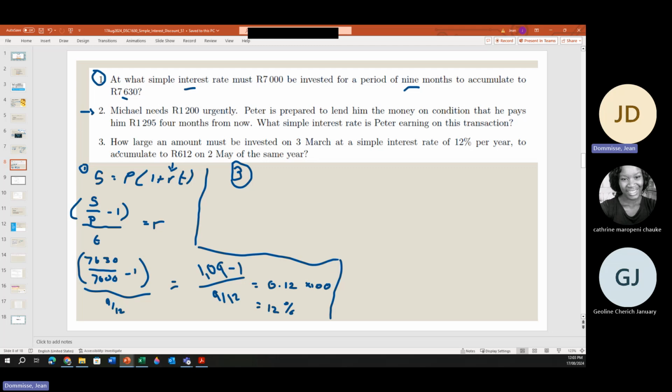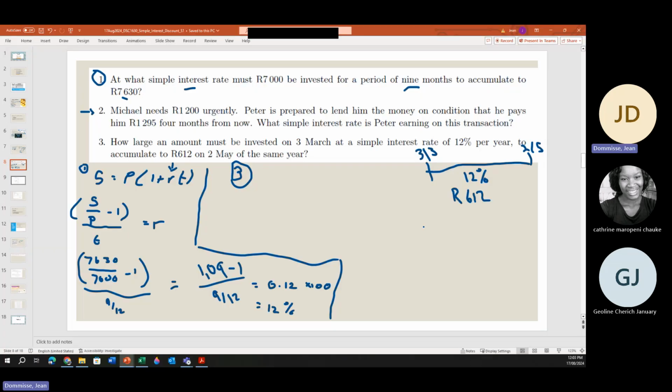How large an amount must be invested on the 3rd of March at a simple interest rate of 12% per year to accumulate to 612 Rand on the 2nd of May of that same year.